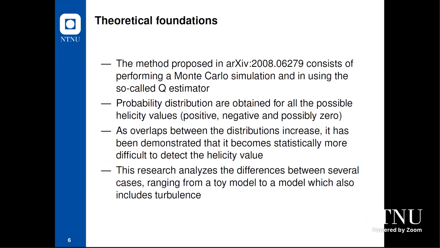So currently, my work is based on this article that is on arXiv. The idea of this article is to propose the so-called Q estimator. An estimator in physics is basically a formula which estimates a certain characteristic of a body or of a system in general. So the Q estimator is a formula that takes 3 points in this plot.